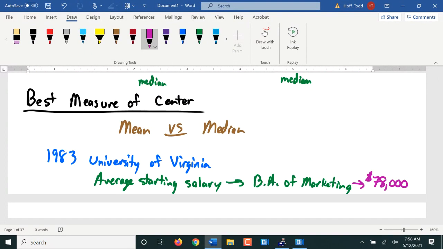That sounds impressive. If you offered me $78,000 right now, I might be tempted to go. I'm sure any one of you, if you were offered $78,000, might consider a career in marketing.